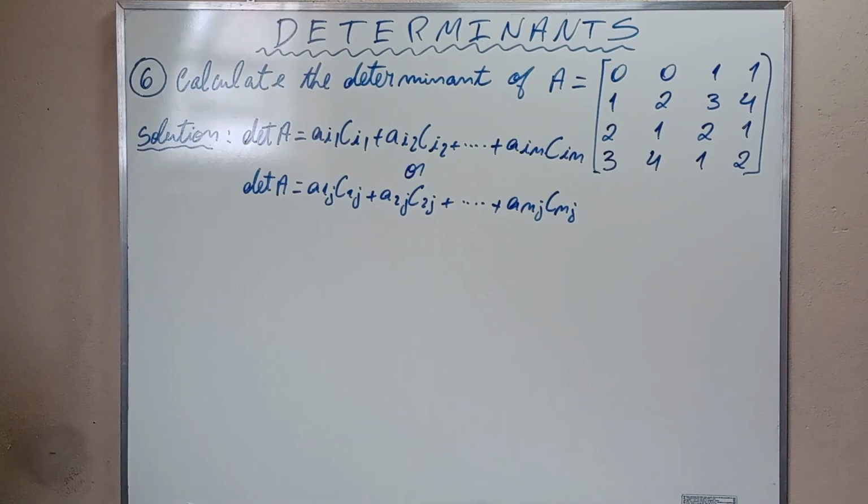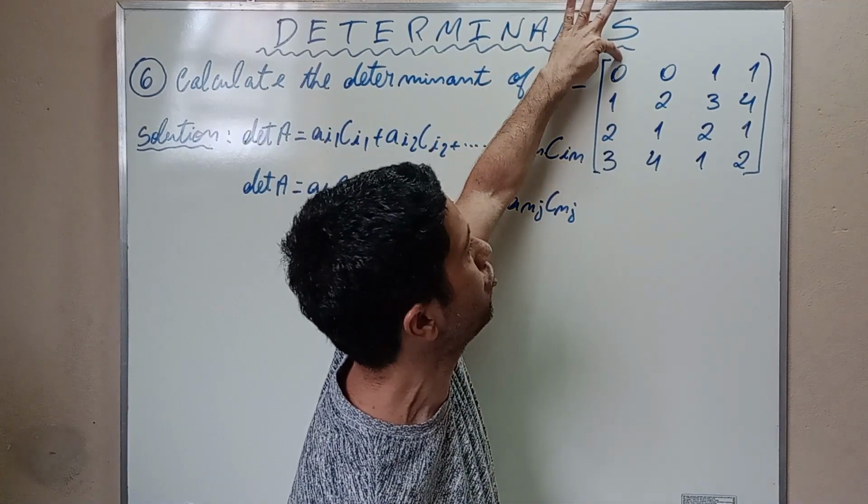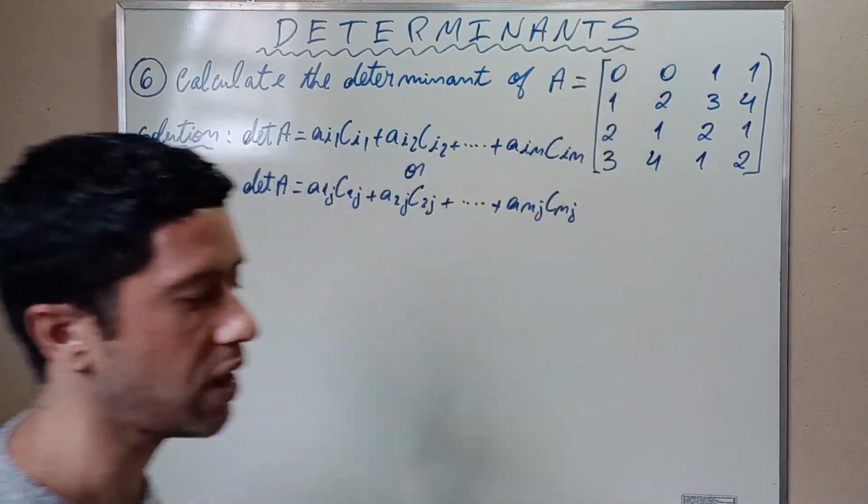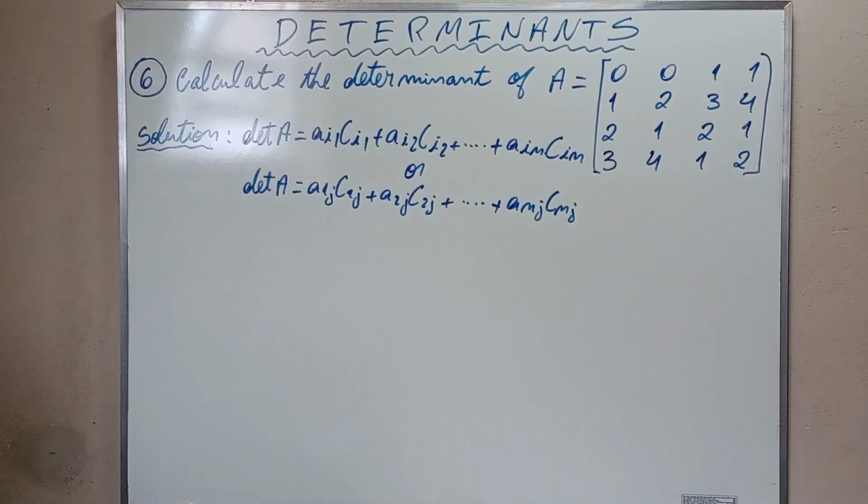However, as row 1 has 2 zeros, we will take it as our guide. Observe here that we've got 2 zeros here. We are going to use thus row 1 as our guide, okay?